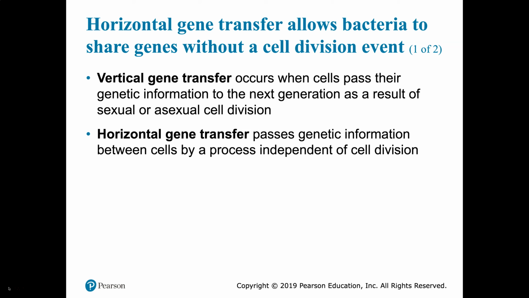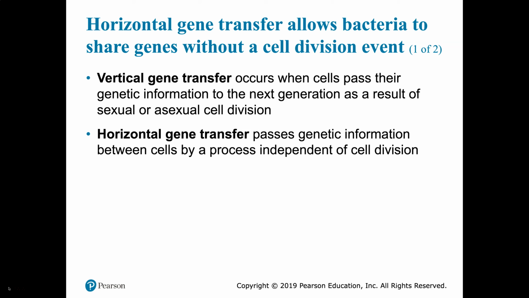Horizontal gene transfer is a bit different. Horizontal gene transfer allows genetic material to be passed between cells that's not associated with binary fission. So horizontal gene transfer allows for genetic information to be shared, not through binary fission. Vertical gene transfer is sending genetic material from the parent cell to the two daughter cells.